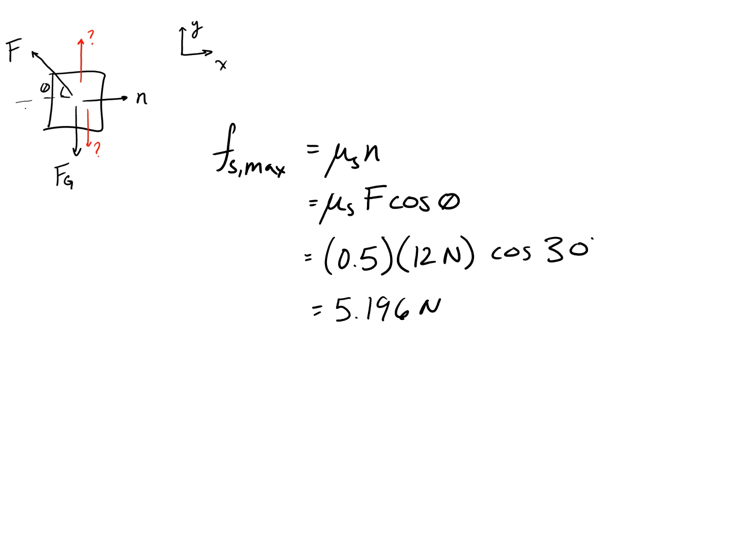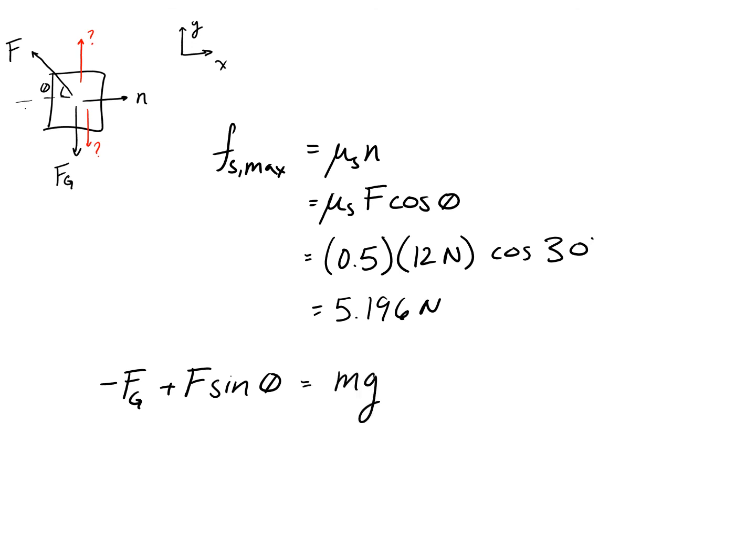So I need to now know what is negative force due to gravity plus force sine theta. Because again, I'm trying to figure out, do these two forces together overcome static friction? If yes, I'm moving. If no, I'm stationary. So I can rewrite this.